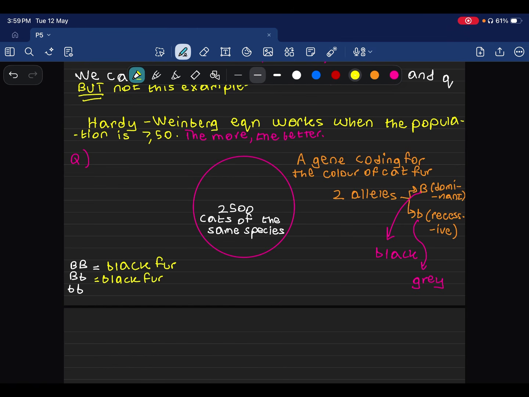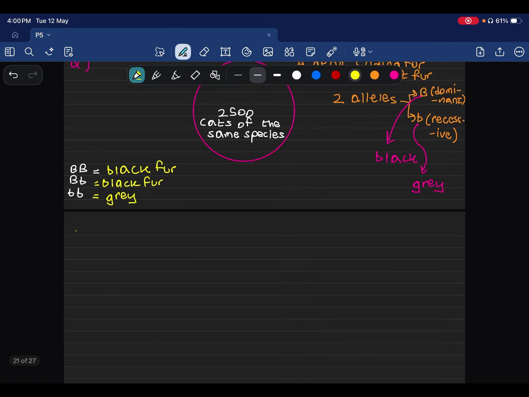And if it is homozygous recessive, it means that you're talking about gray fur. Okay, now here's the question. Out of 2,500 organisms, 720 have gray fur. Okay, interesting.